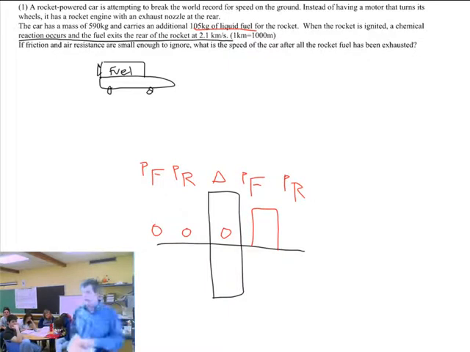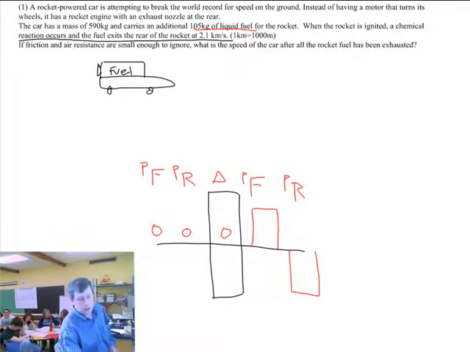We'll calculate that number in a minute, but we can determine that bar. That means we know the final momentum of the rocket car, and if we know that, it's an easy step to find its velocity. With me so far? Yeah.